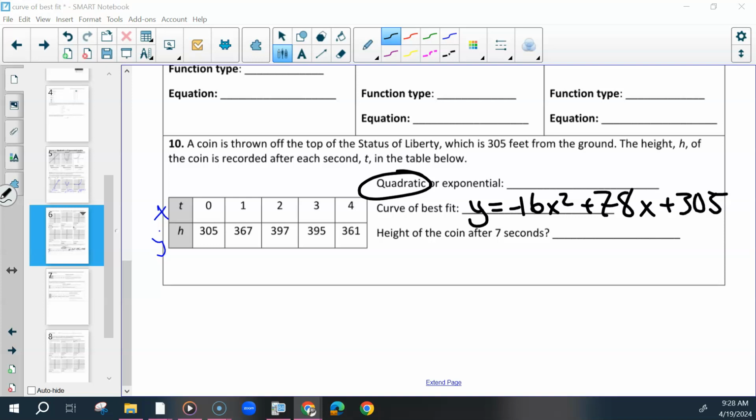You should know that. You put in x equals 7. What's y when x is 7? Should be 67 feet.